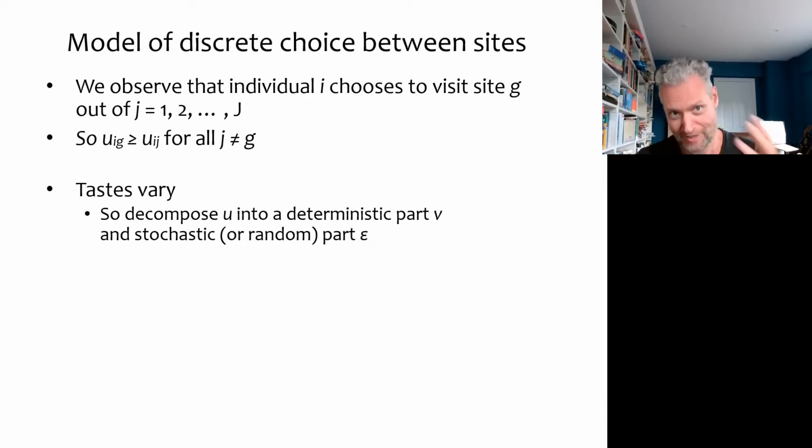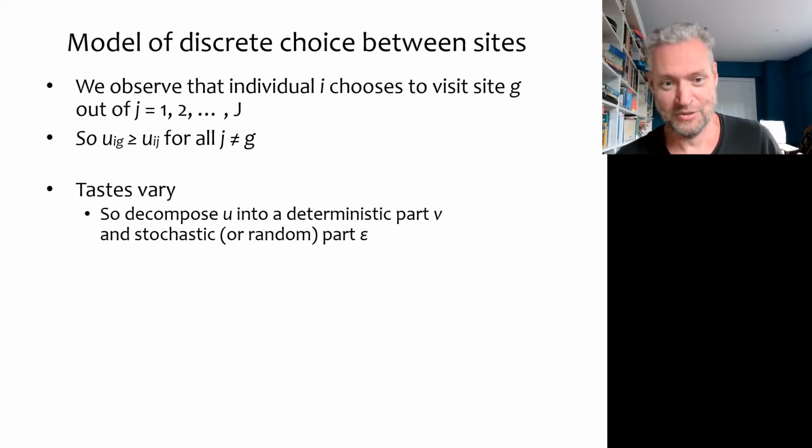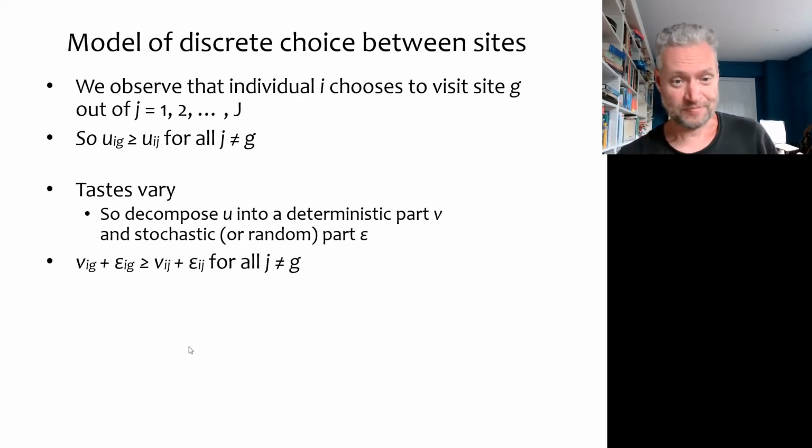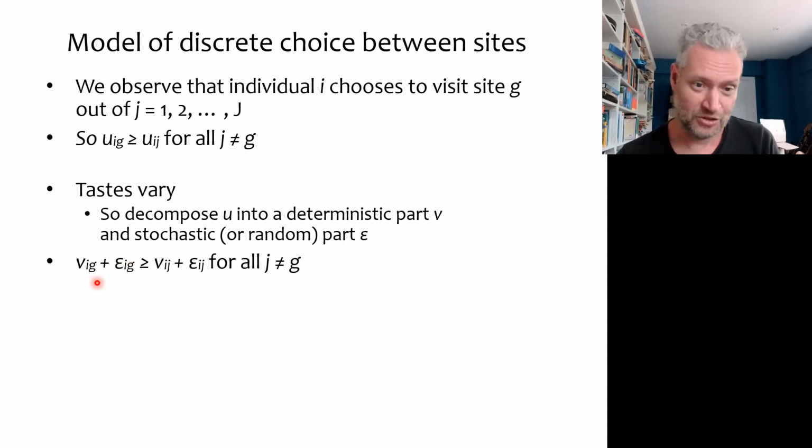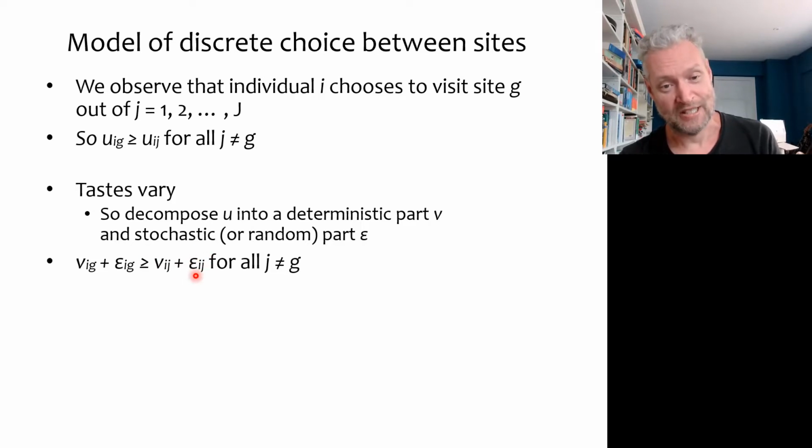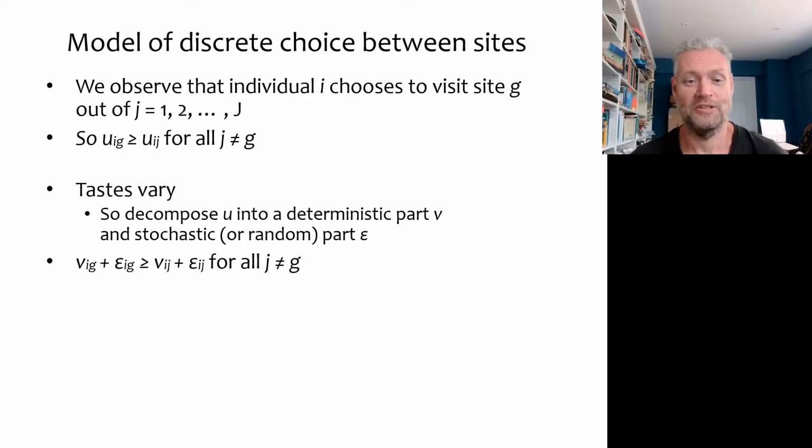There is a fixed or deterministic component to utility and a random component to utility. So really the condition that we have is that the deterministic part plus the stochastic part of site G is greater than the deterministic plus the stochastic part for site J, and that is true for all sites except the one that was picked.